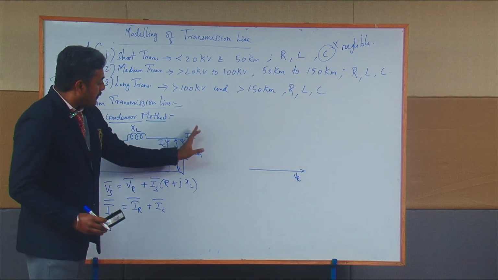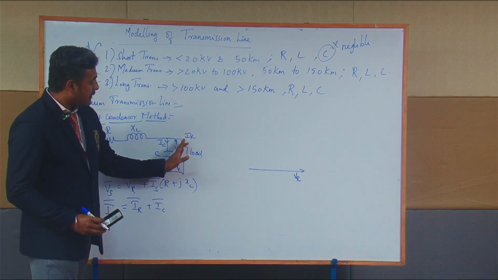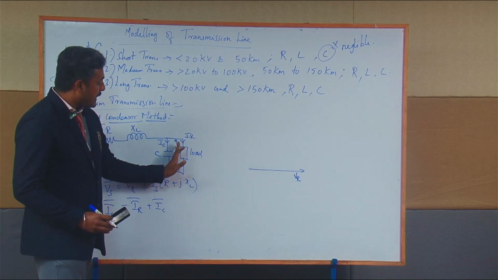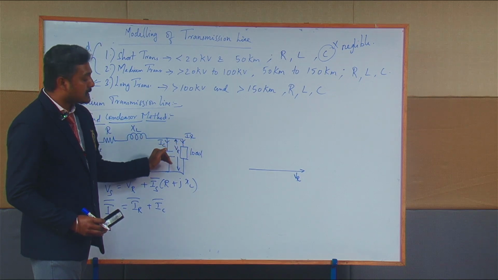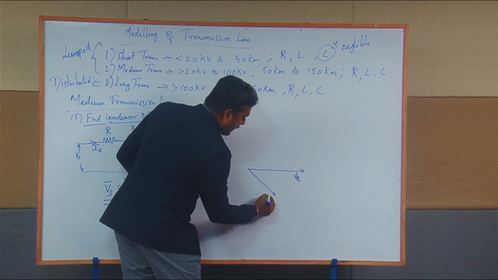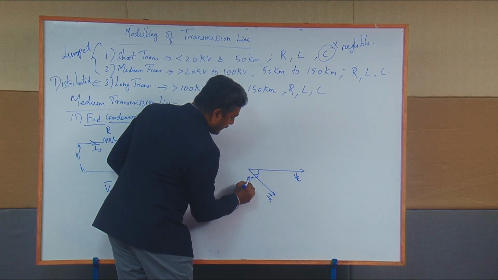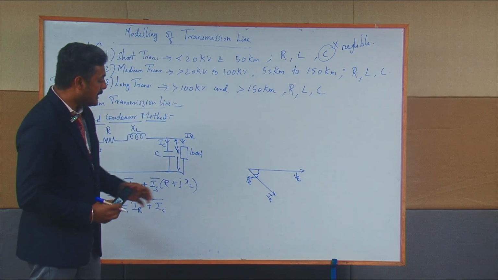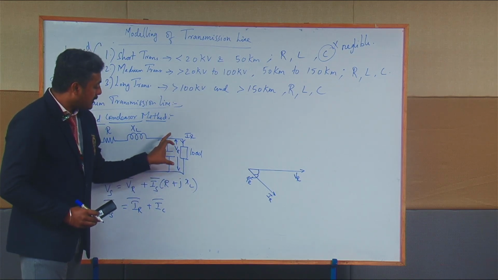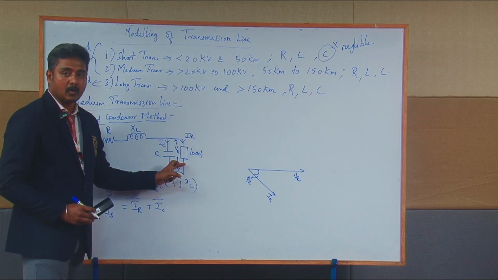See here, predominantly our load will carry an inductive value. Therefore, whenever you take a predominantly inductive load and compare the voltage and current phasors, the current lags the voltage by the angle phi R. Current IR lags the voltage by phi R. Why I am putting it like this: VR is the voltage appearing across this load, and IR is the current flowing towards this load.